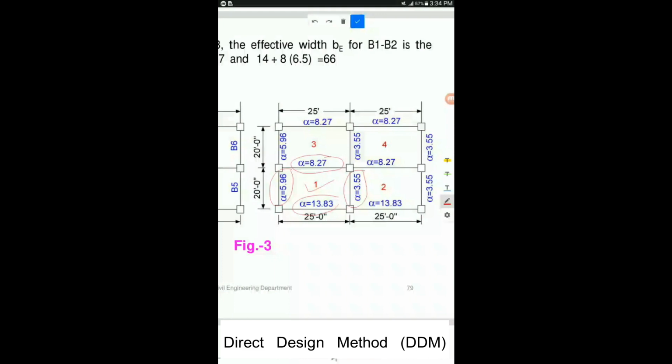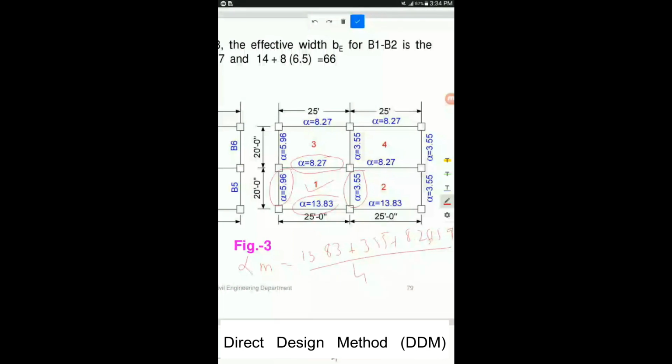For example, I can say alpha m equals 13.83 plus 3.55 plus 8.27 plus 5.96, divided by 4.